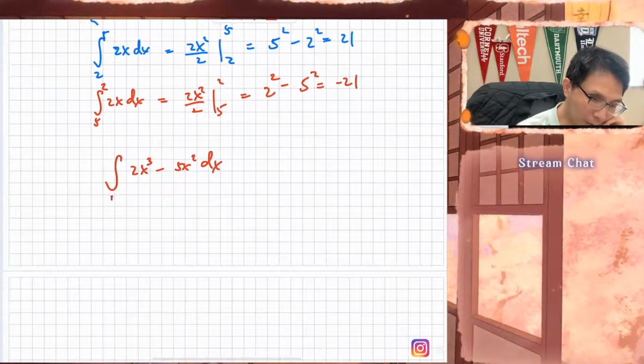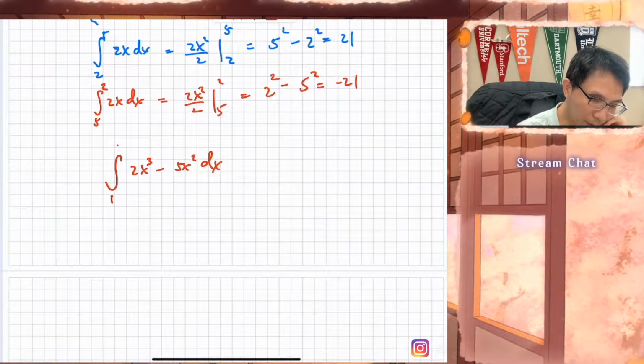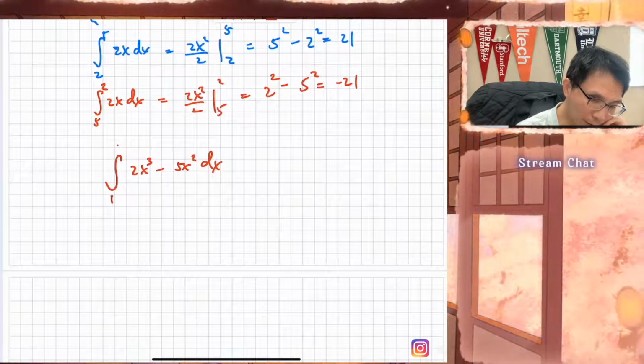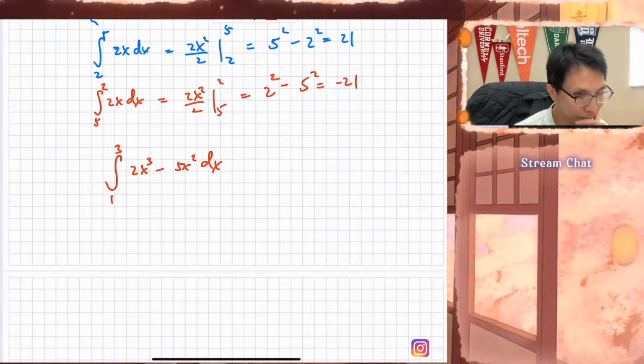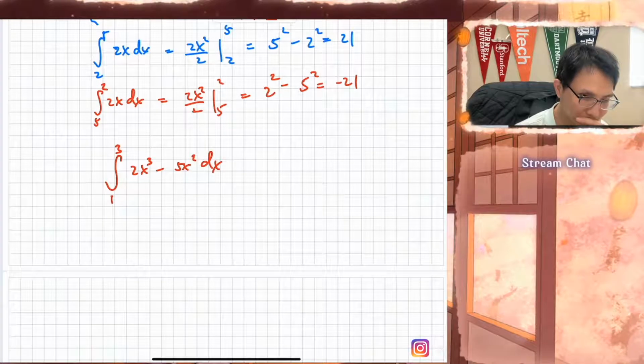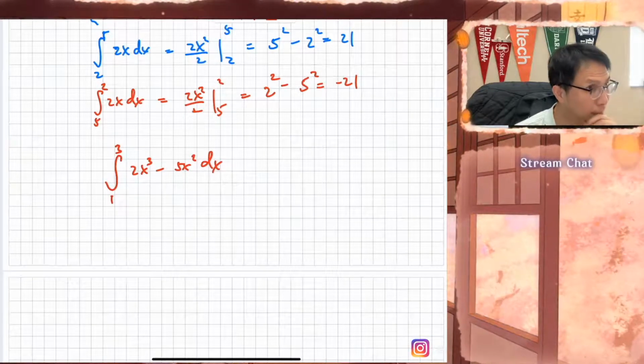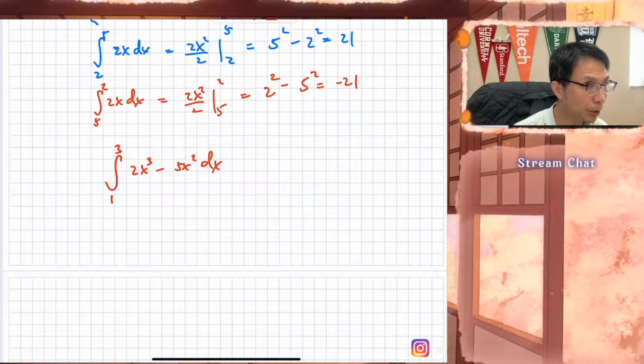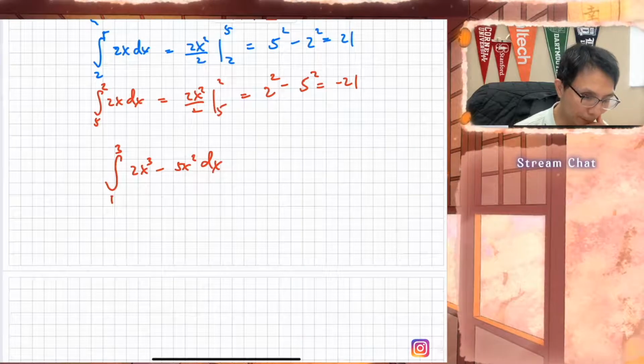And let's do between 1 and 5. 1 to 5 is too big, let's do 3. You just have to focus on arithmetic.